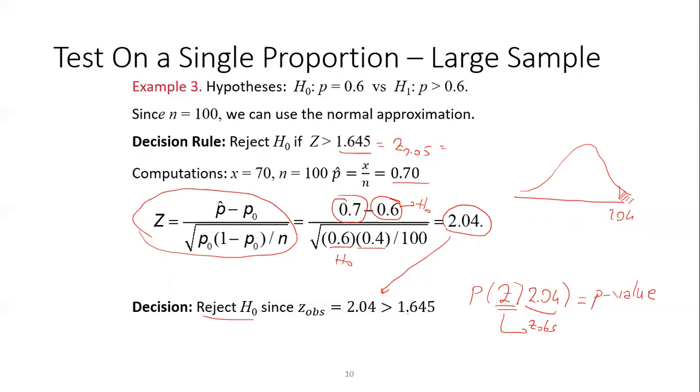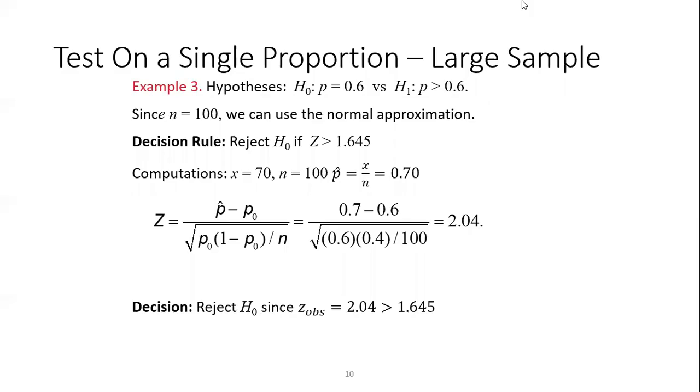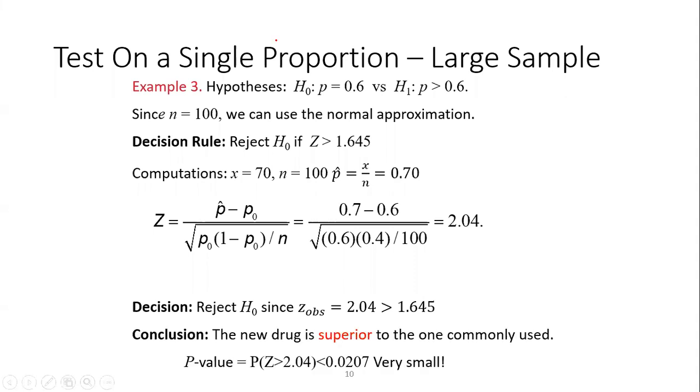The p-value, P(Z greater than 2.04), is almost equal to 0.0207, which is very small. Hence, we can say that the new drug is superior to the commonly used drug.